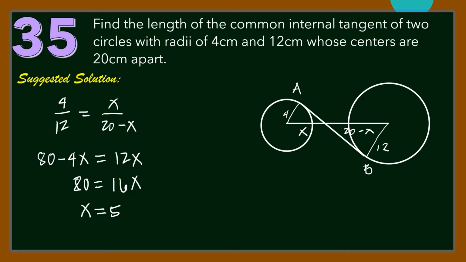Now, the common internal tangent AB is the sum of the longer segments of the two triangles formed.